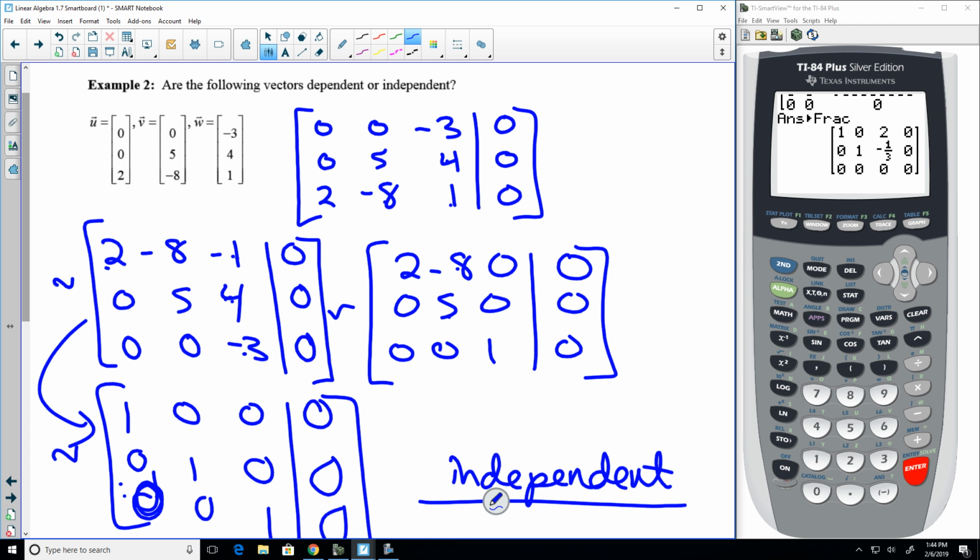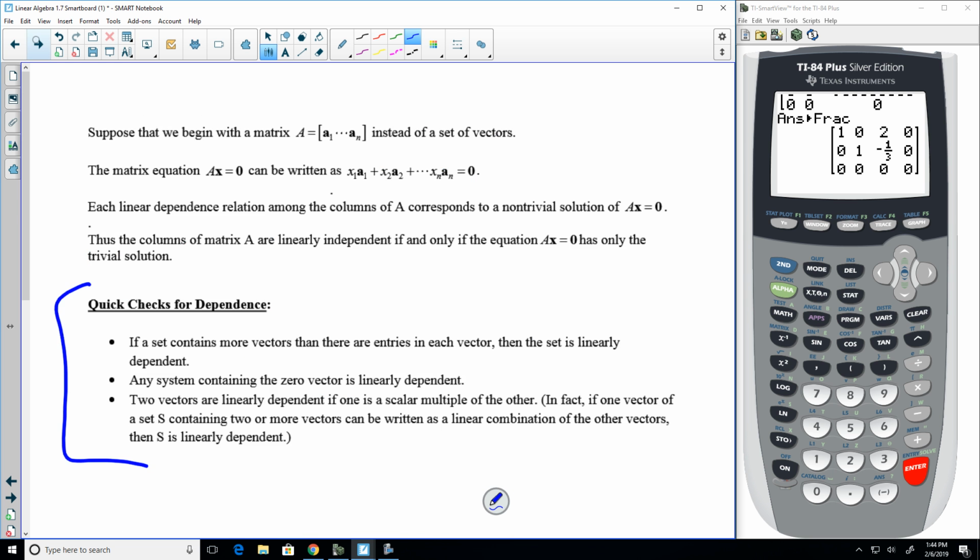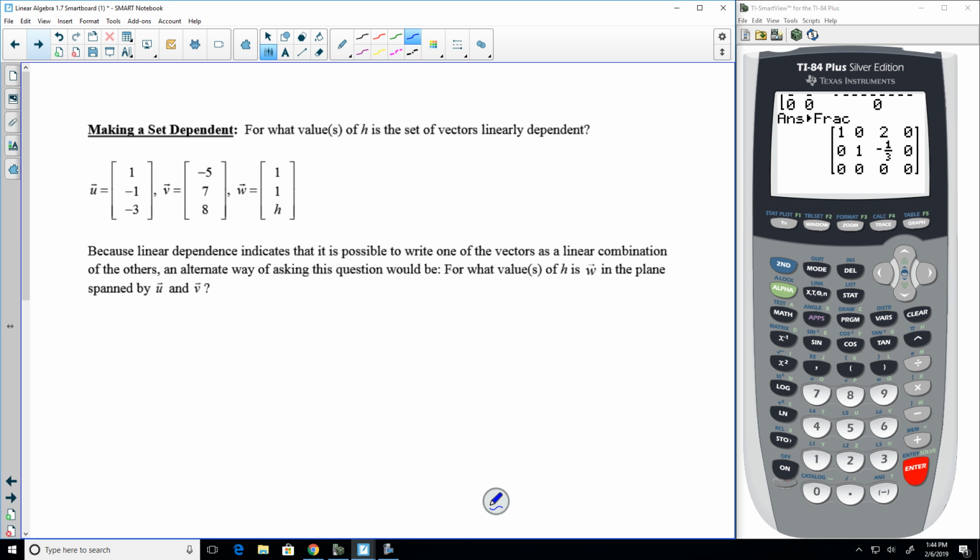Don't count that one. Just in the coefficient matrix, if there are more columns than rows, then dependent. And the reverse is not true. You can't say that because there are more rows than columns, it's independent. That doesn't work.